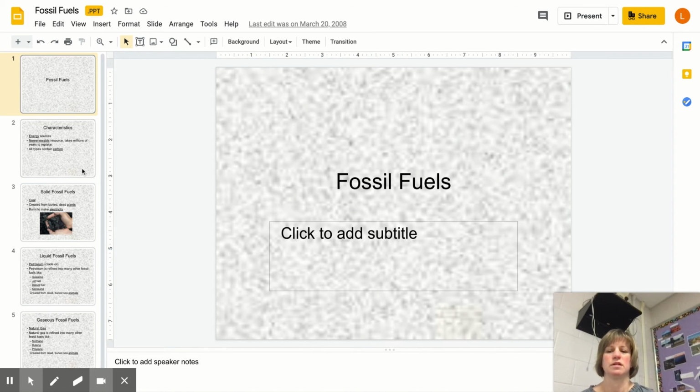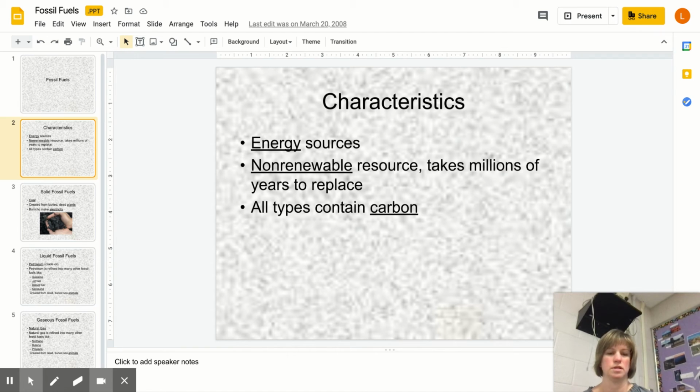So the characteristics of fossil fuels is, of course, that they're all energy sources. And so the underlined words are the things that you need to be typing or writing in. So they're energy sources. Now, they are a non-renewable resource, which is kind of interesting because you hear fossil fuels, they are created by once living creatures. So you might be like, well, aren't those renewable?